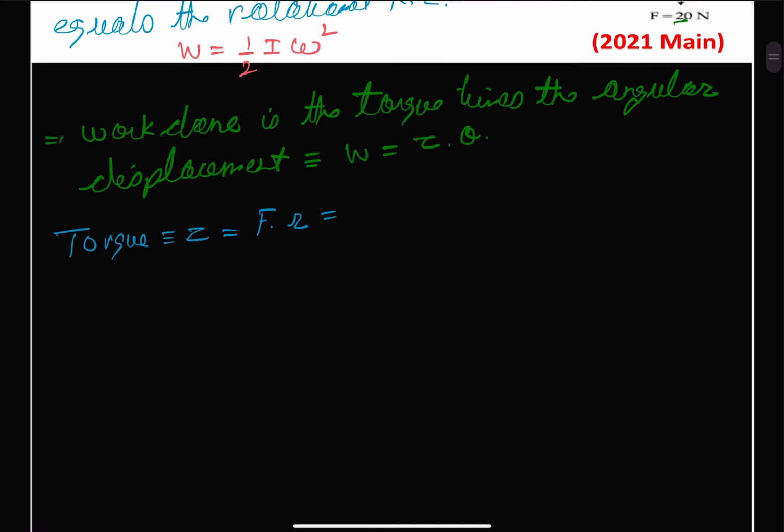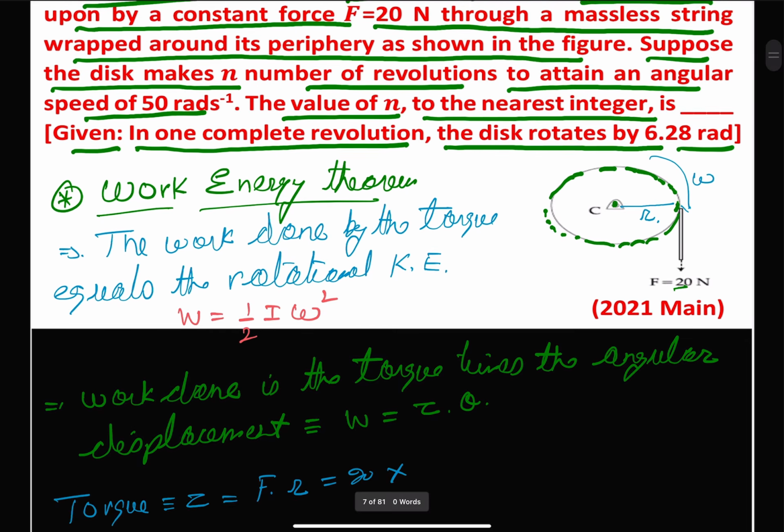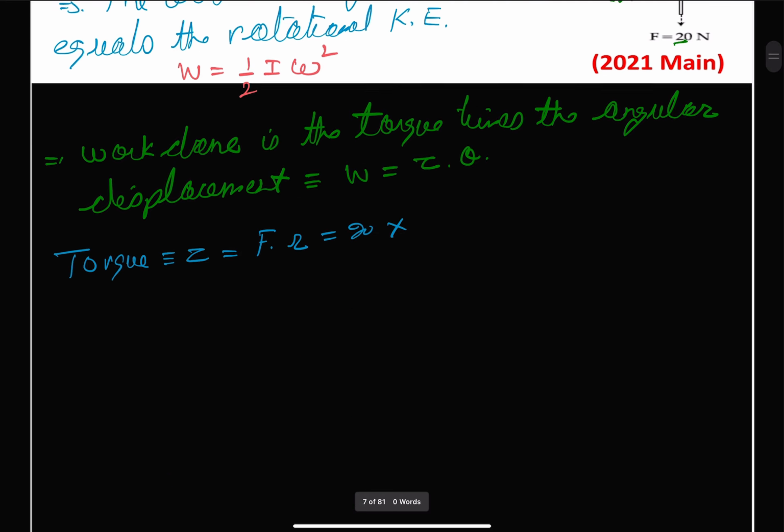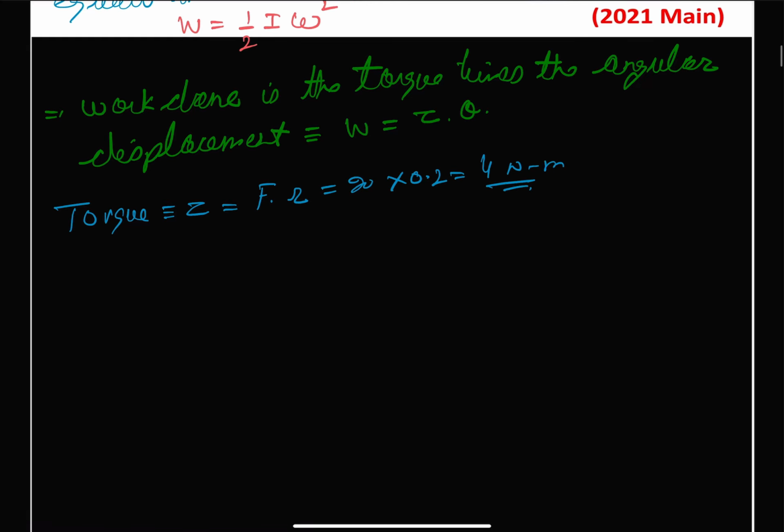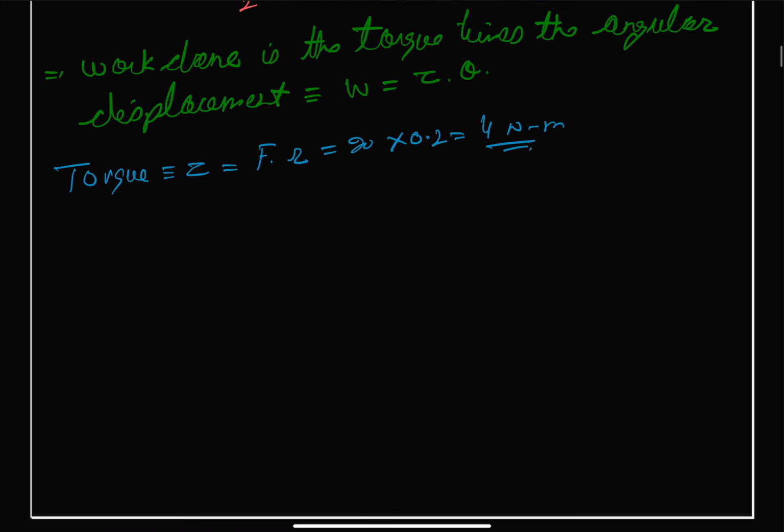So we can say our force is our 20, and our radius is given to us as 0.2 meter. So this comes as 4 Newton meter. Therefore we can write that our work done W will be equal to 4 times theta.